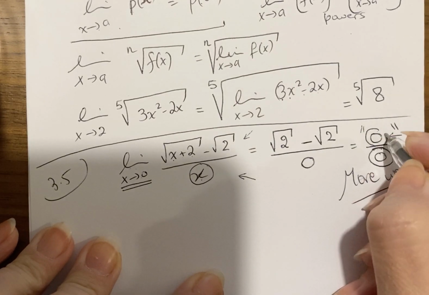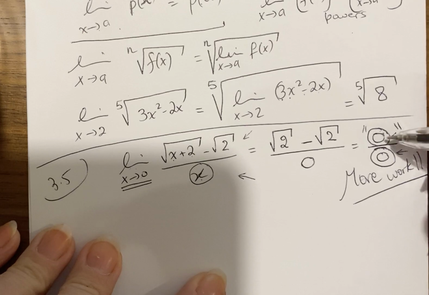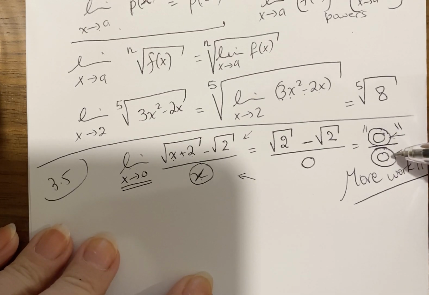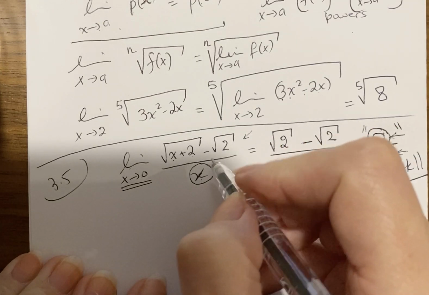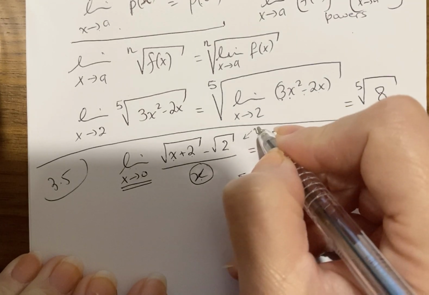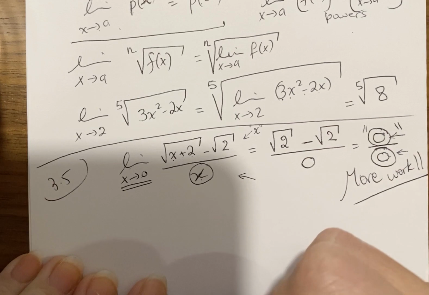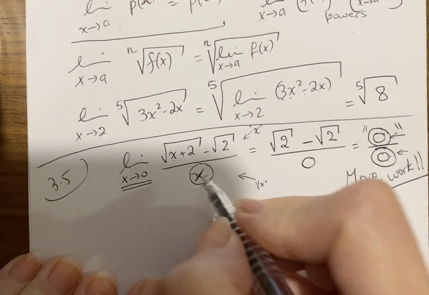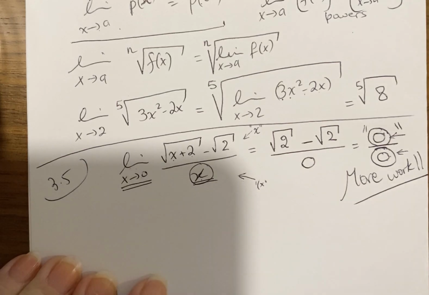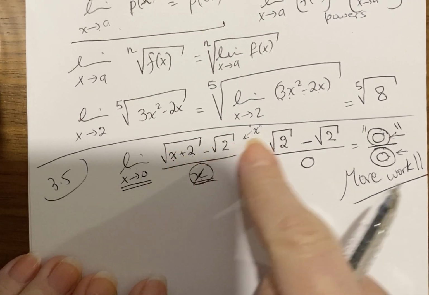The trick is that the 0 up and the 0 down are happening at the same time. When we have this scenario, this means that there is an x factor hidden here, and here there's an x factor hidden. Now in the denominator, I'm lucky, I can see it. In the numerator, it's hiding somewhere.